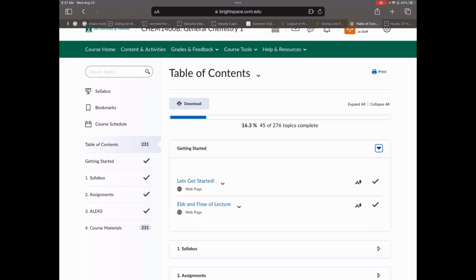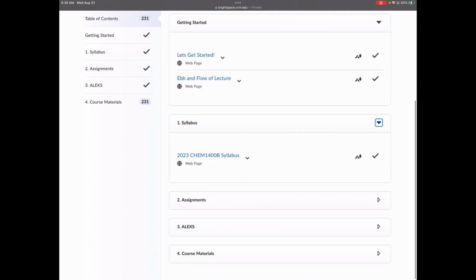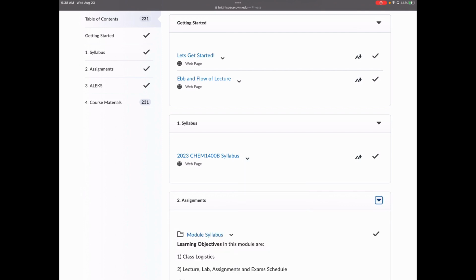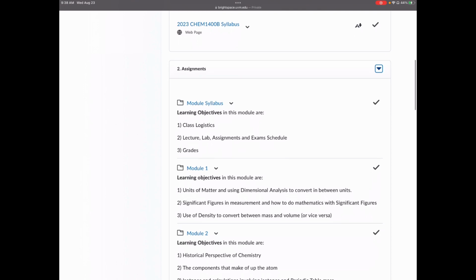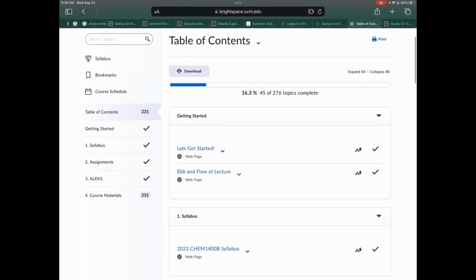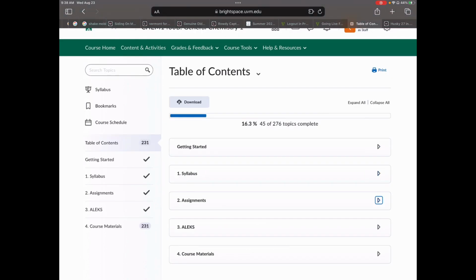So you have drop down menus of the getting started links, the syllabus, even you can drop down from the syllabus or view the topic if you want, assignments, etc. So you have the ability to use one pane to navigate, if you will, or you can just use the table of contents navigation section on the left.